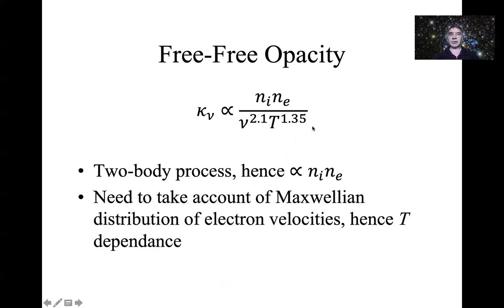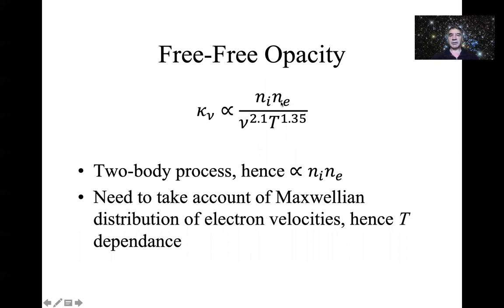But just to see what the dependencies on the different variables are and to understand them, we can see at the top here that the opacity is dependent on the number density of the ions. Previously, if we were just thinking about hydrogen, this would be n_p again, but here I'm replacing it with n_i. You've got 25% of the gas as helium rather than hydrogen in reality, so normally you need to take account of that.